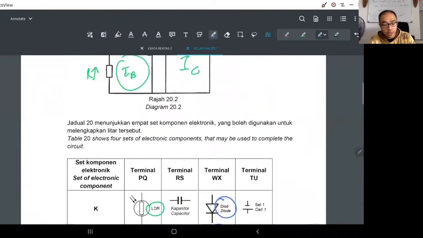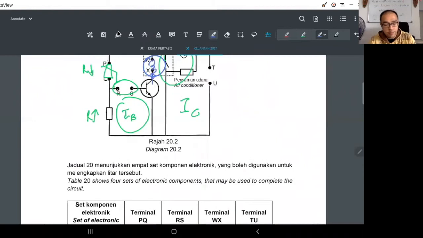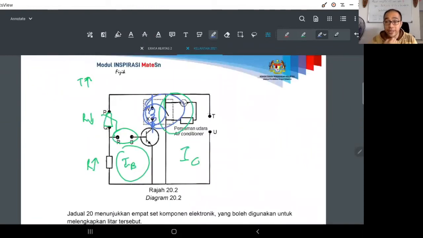When you have a coil here, then it's connected to a relay circuit lah, which let's not talk about now. But the relay circuit is there.